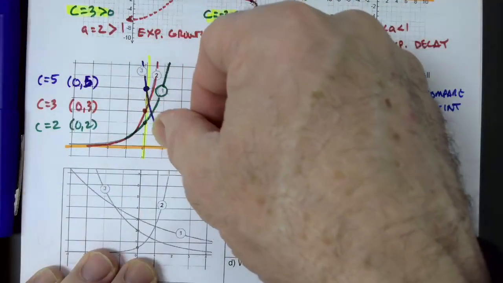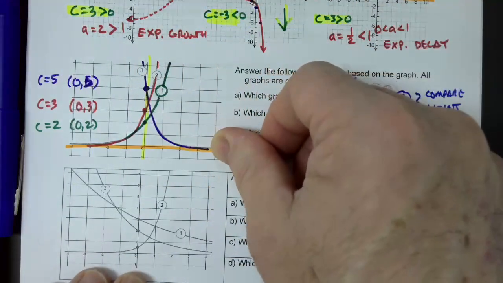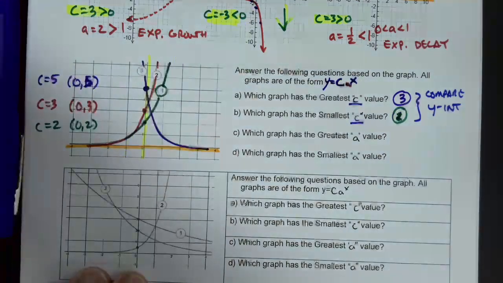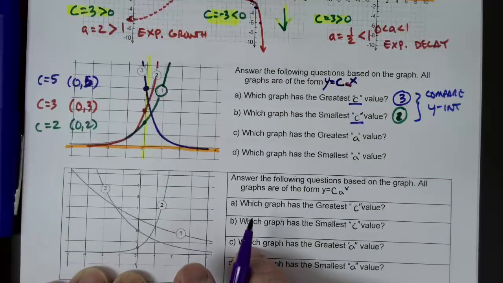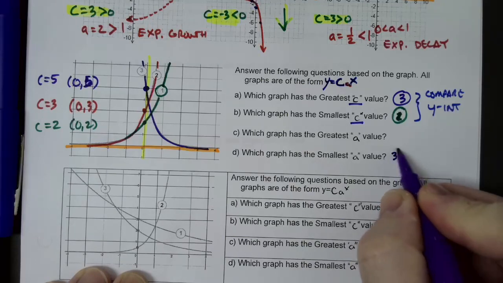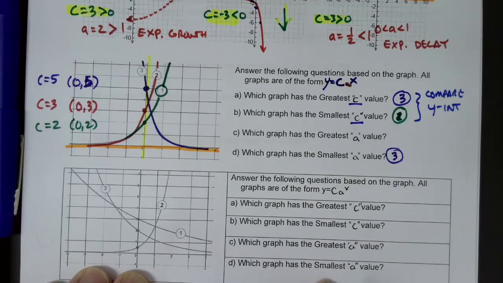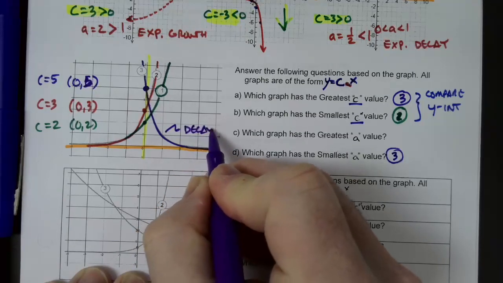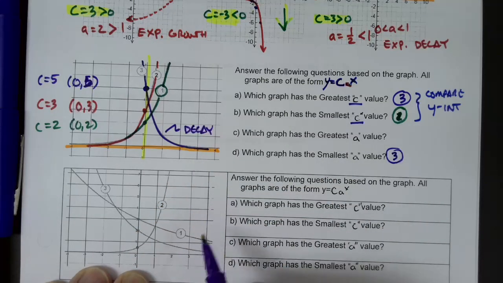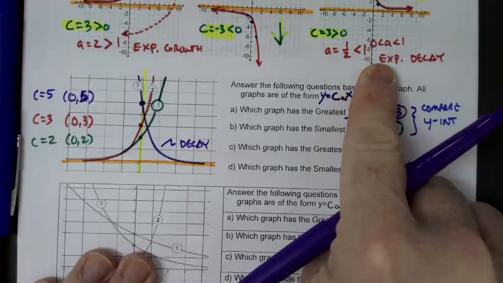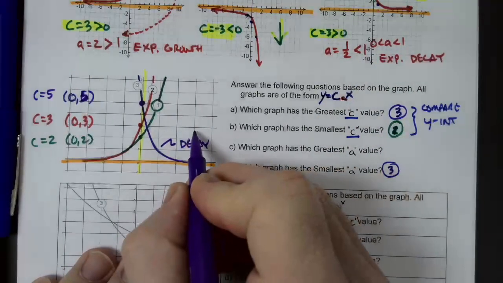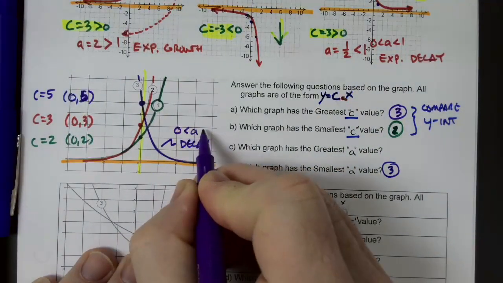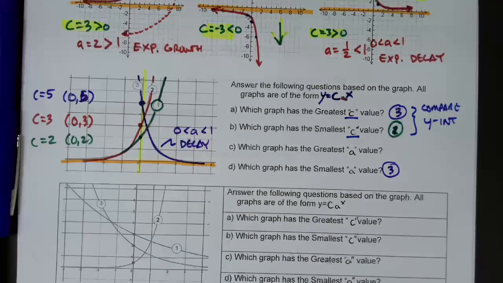The purple one is decreasing. So that is an easy giveaway that number 3 has to be the smallest, because this is the only one that has decay. And remember, with decay, like we noted up here, whatever that a value is, that has to be between 0 and 1.